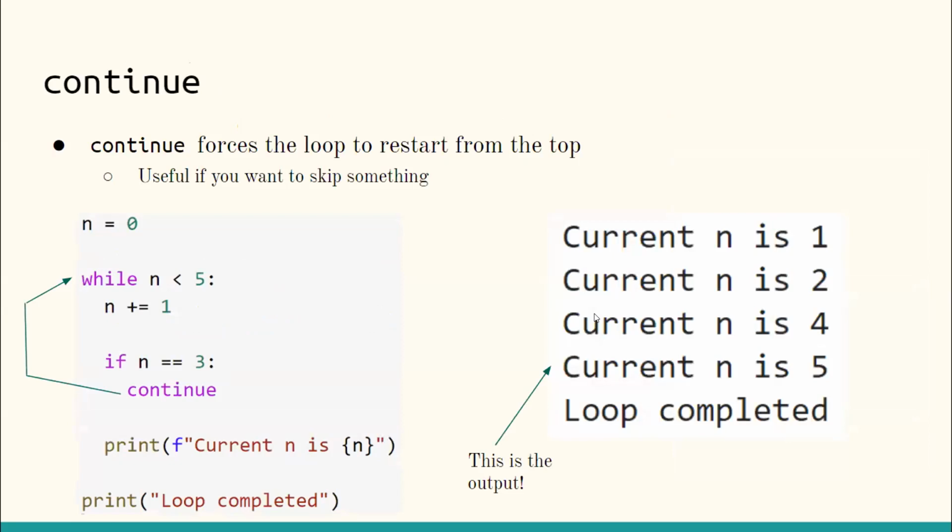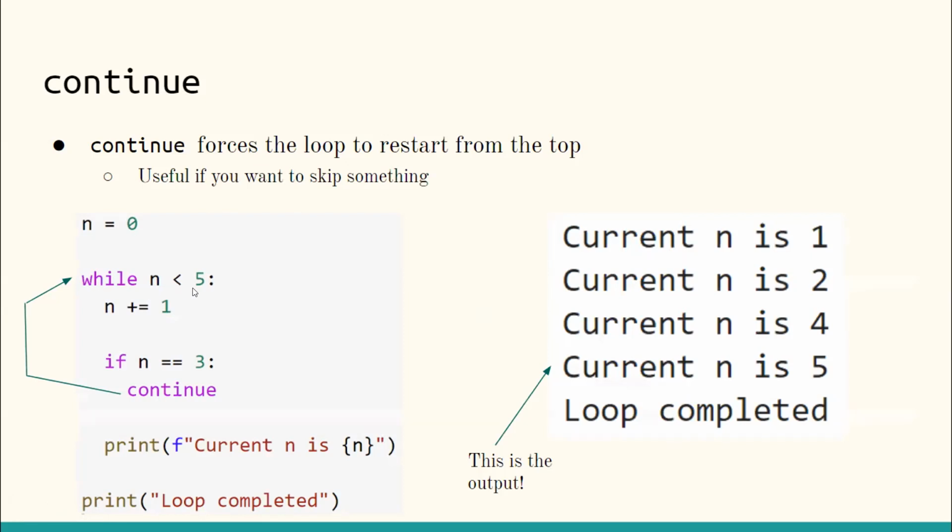An important keyword that you should know when you're using while loops is the continue keyword. This forces the loop to restart from the top. This is usually used when you want to skip something. On the left, we have the code, and on the right, we have the output. First we set n equal to 0, and then we go to the while loop.